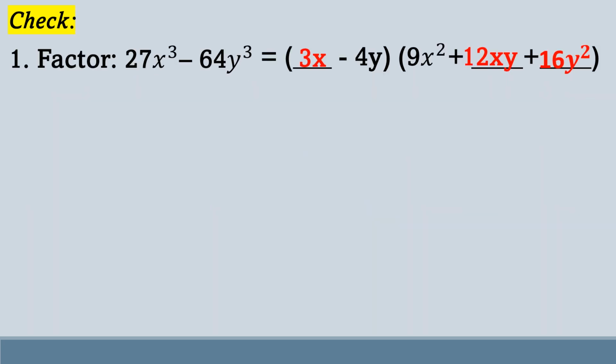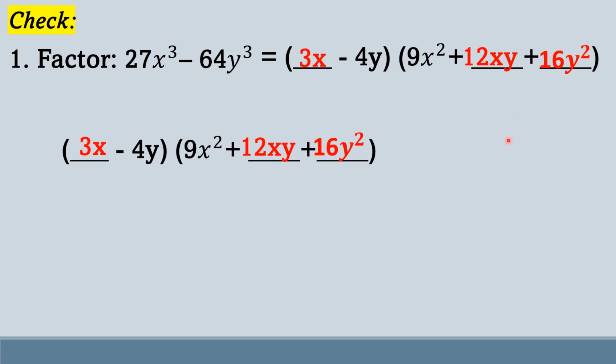Okay, this time, let us see whether the given factors in the previous activity are correct or not. For number 1, the complete factors of 27x cubed minus 64y cubed are the quantity of 3x minus 4y times the quantity of 9x squared plus 12xy plus 16y squared.